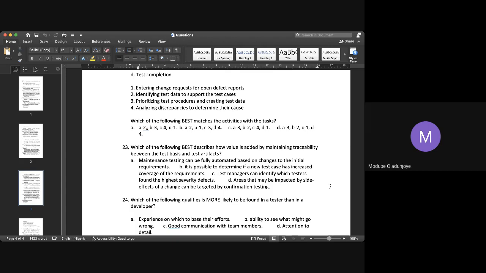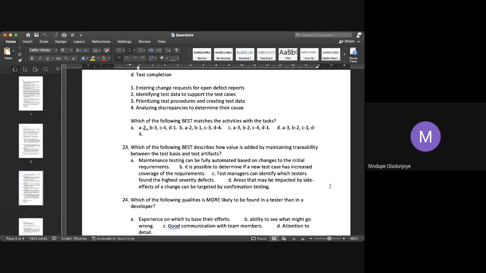Which of the following best describes how value is added by maintaining traceability between test bases and test artifacts? Do you know what traceability does? That RTM document. It helps to link the FRD and BRD, the BRD with the FRD, to achieve what?